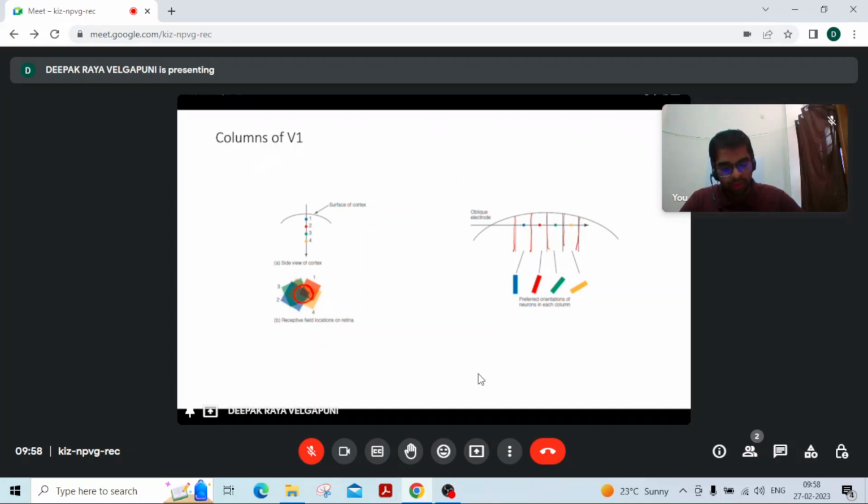Similarly, when you go perpendicularly, all the cells respond to a particular orientation, and when you move obliquely across the surface, the orientation selectivity changes. This has one orientation selectivity, this has another, and each point corresponds to a different point in the real space, depending on the retinotopic map. These are called orientation selective columns.